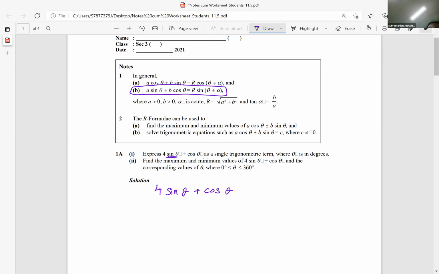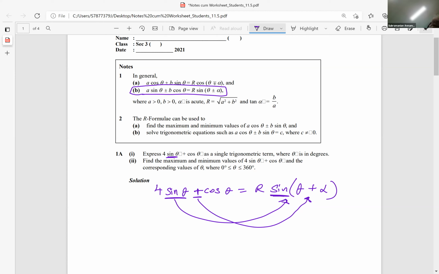So basically I'm going to convert this to R sine theta plus alpha. Why did I choose sine? It's because of this. Understand? Point number one. Then whether this becomes plus or minus depends on the next one. Because it's sine, when this is plus, that must also be plus. So that goes without saying. Clear?